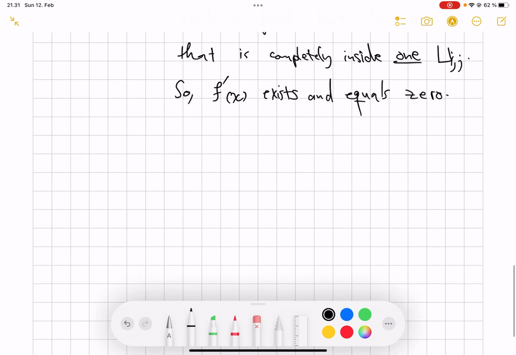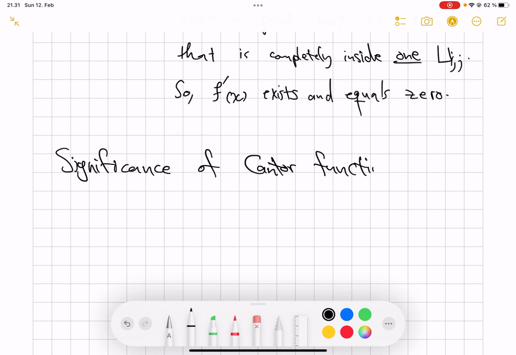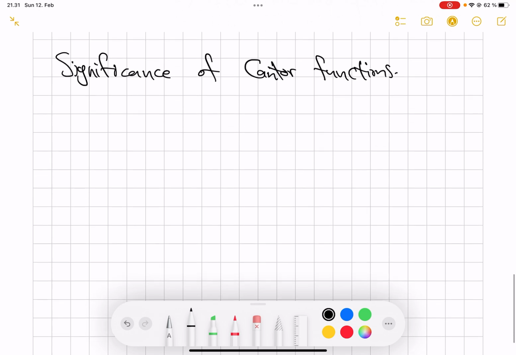Now the promised significance of such a function. You may have already guessed this. We said that the function does go from value 0 to value 1, but it never has any positive derivatives. That is the counterintuitive thing about it.